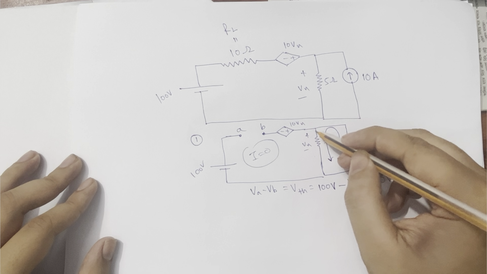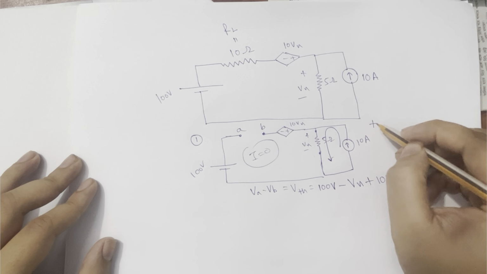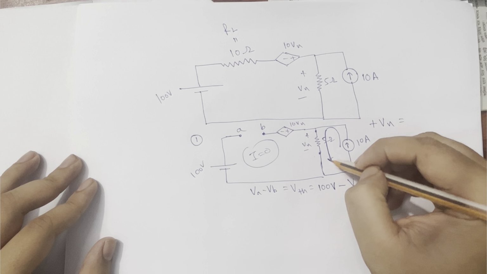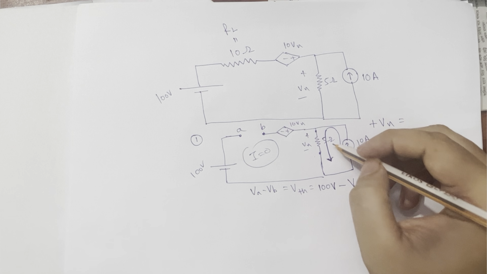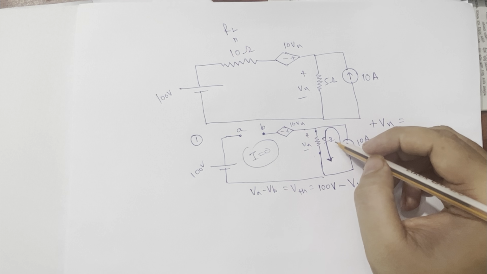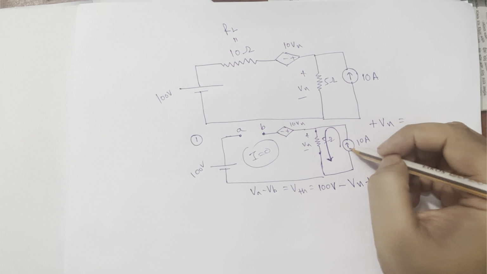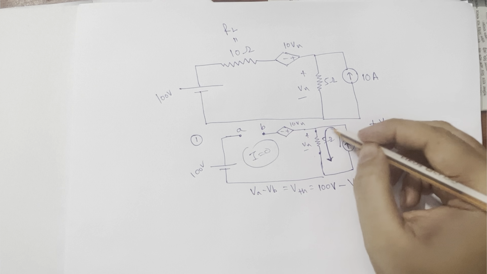So if I come from this point to this point, I have a drop of plus Vx. So plus Vx will be equal to, in this direction my current is positive. Already mentioned this direction current is positive. In this case I can't assume it arbitrarily, because the direction is already given, maintained by the current source. Positive 10 amps is flowing clockwise.